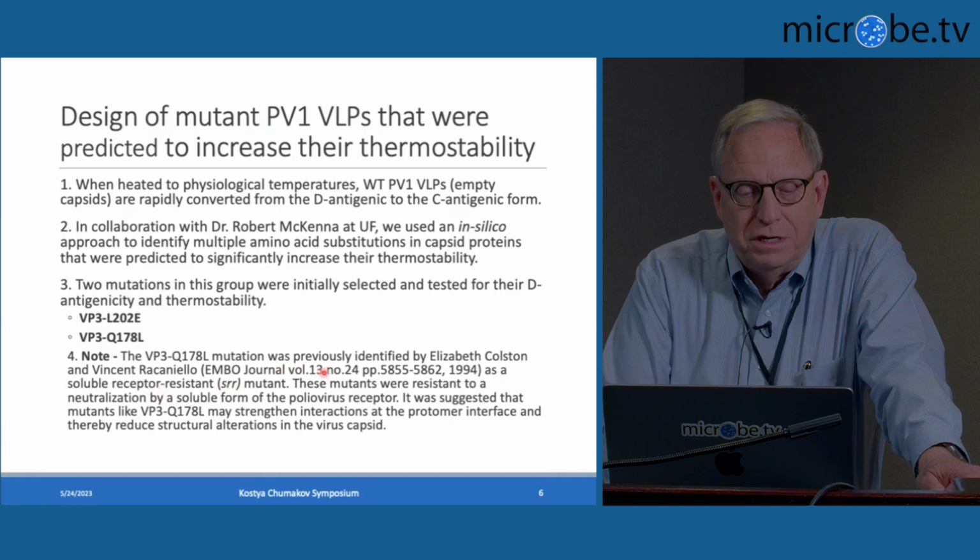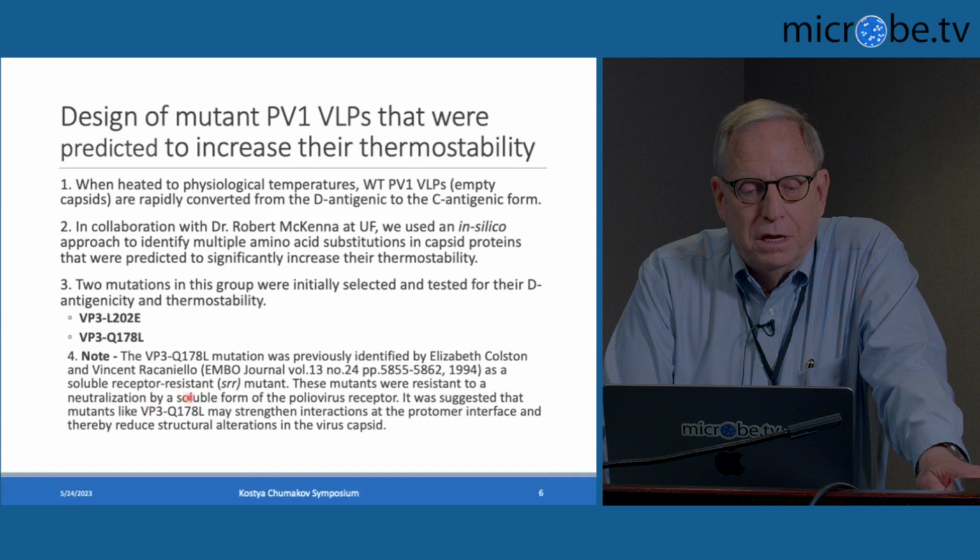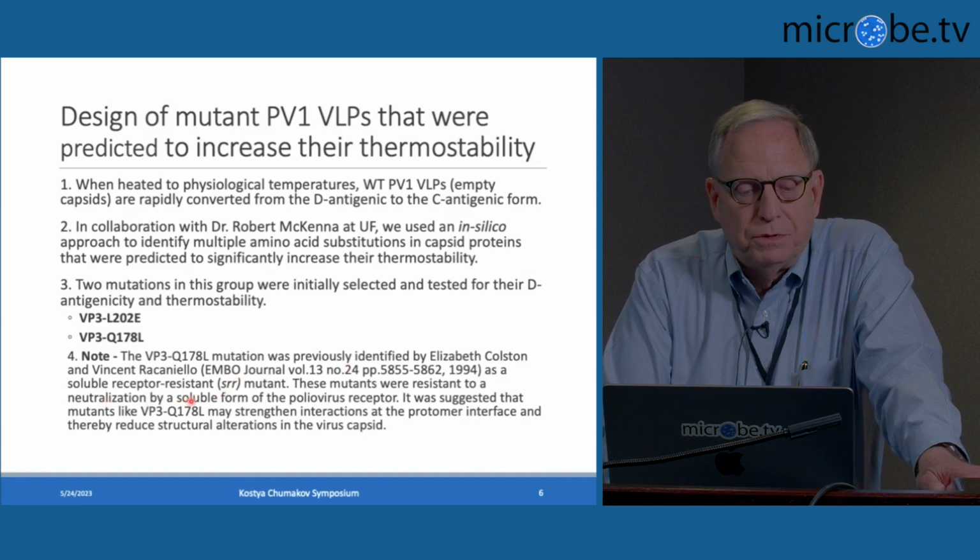It was previously identified by Elizabeth Colston and Vince, and it was published. And it was a soluble receptor resistant mutant. And these mutants were resistant to neutralization by a soluble form of the poliovirus receptor.